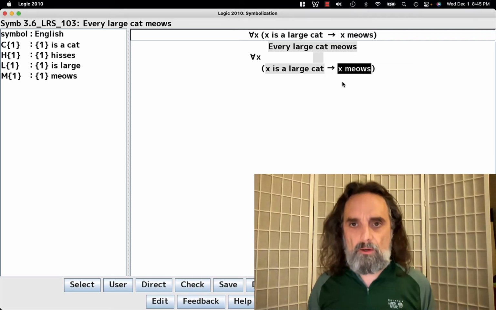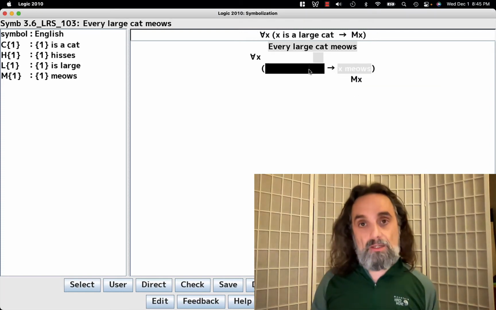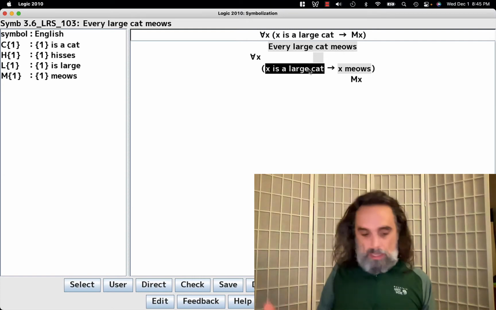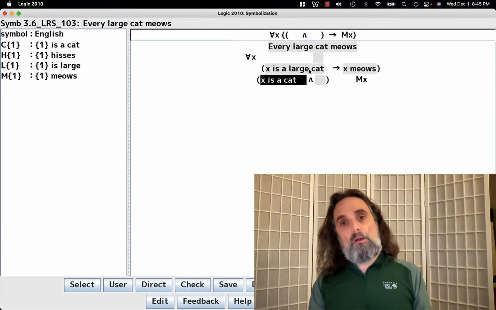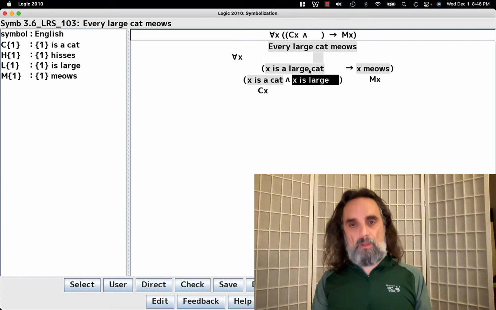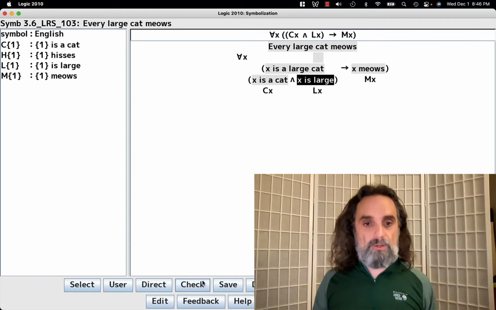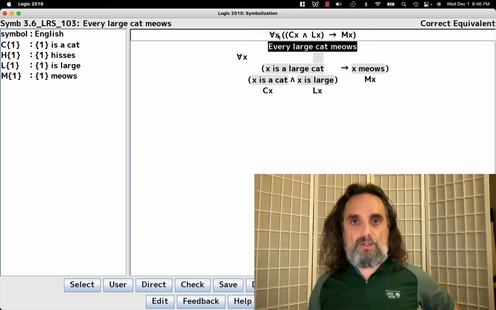What's going on here? Let's try that again. MX. X is a large cat. Well, how do we symbolize that? We'll say two things. X is a cat, which is going to be CX, and X is large, and that's LX. And there's our symbolization. And so what's going on here is the universal every gives us the for all X, the arrow, and then all the little X's.